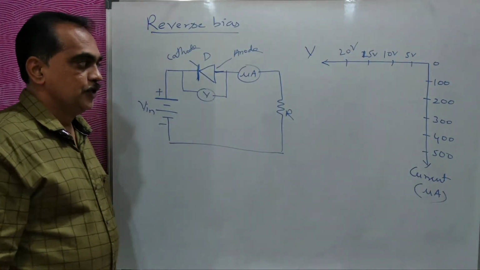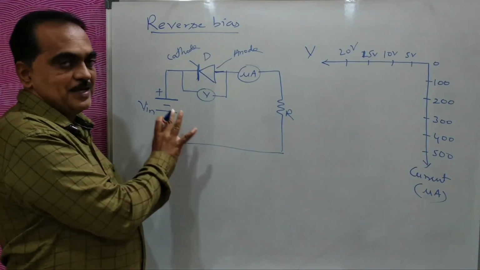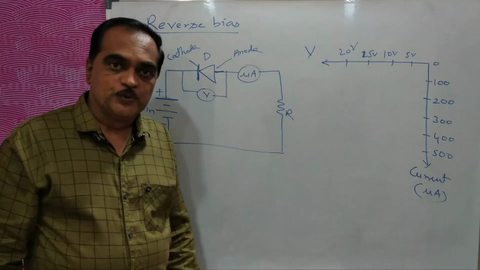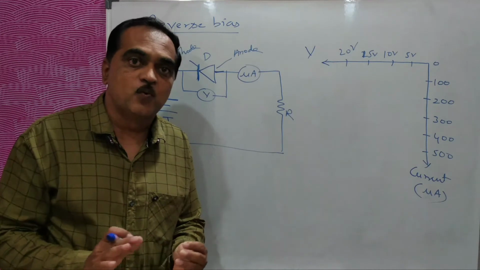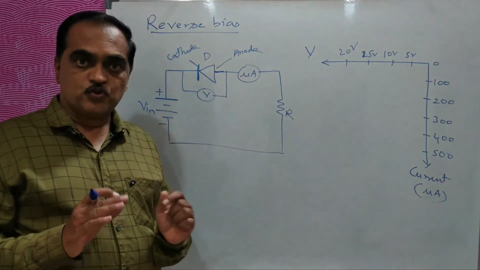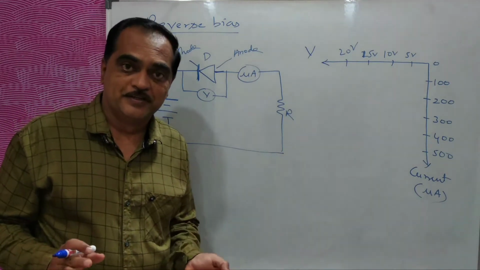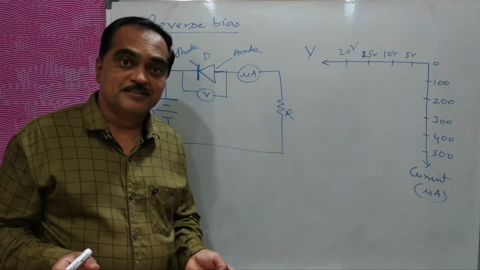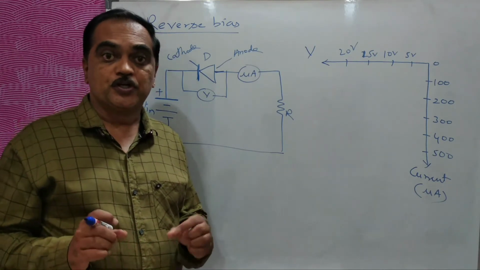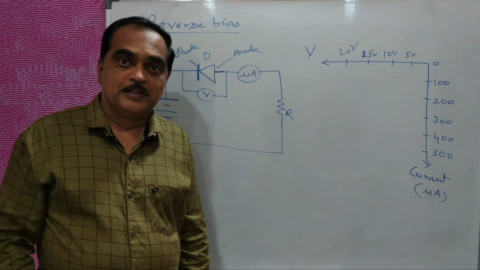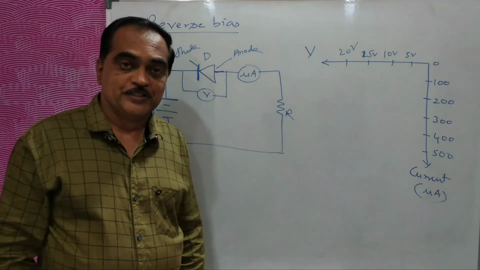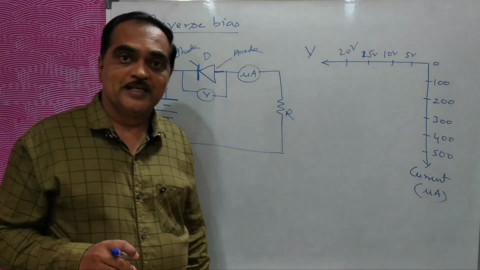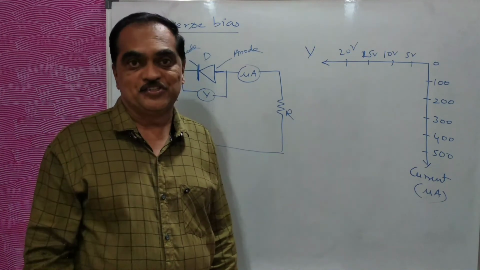Now, when you apply this kind of voltage to a diode, we know that in a reverse bias condition the PN junction has a wide depletion layer. So there will be a wide depletion layer, and majority charge carriers cannot contribute to the current flow. Then this voltage configuration plays a role in the case of minority charge carriers.